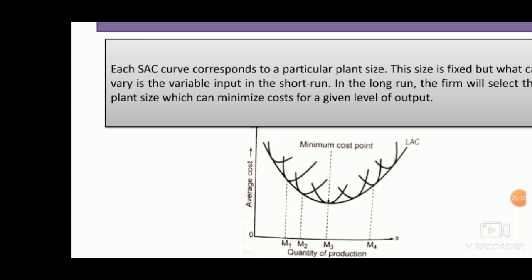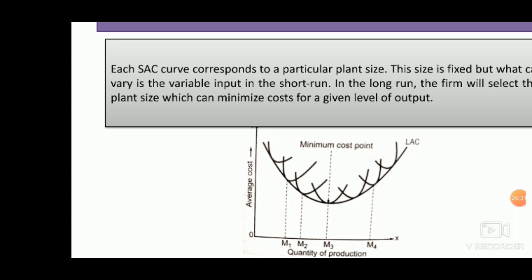In above I mean to say SAC, long run average cost curve having 1, 2, 3, 4, 5, 6, 7, 7 short run average cost curve. You can see small SAC, small curve, and LAC is like an envelope.